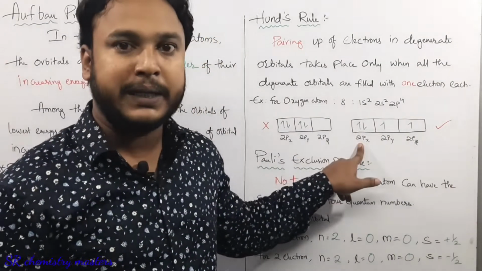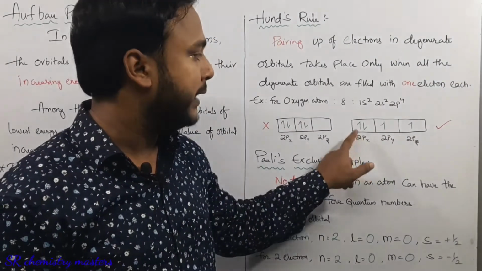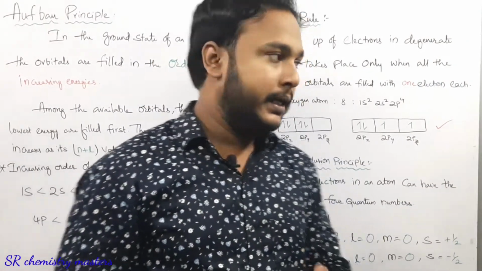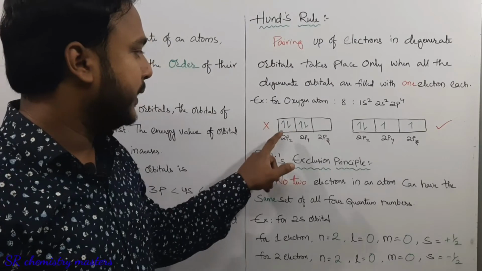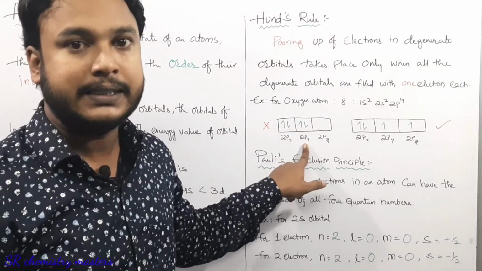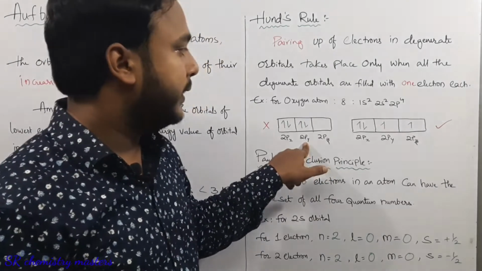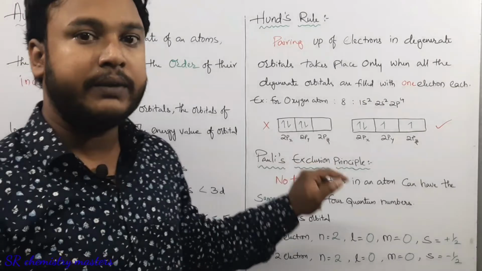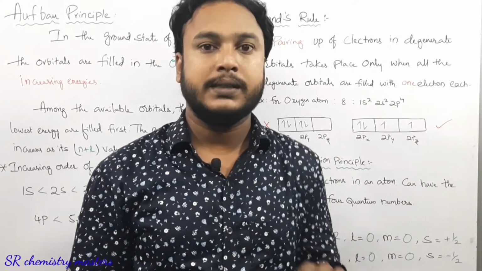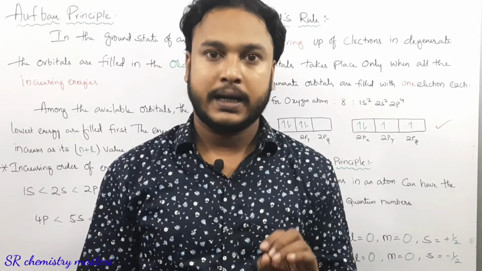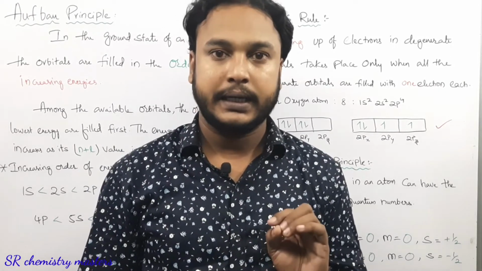That is, the pairing of electrons takes place only when all the degenerate orbitals are filled with 1 electron each. Remember, you can't give 2 electrons to 2px and 2 electrons to 2py. Why? Because it is against Hund's rule, which says that the electrons should pair up only when all the orbitals with equal energy have 1 electron each.